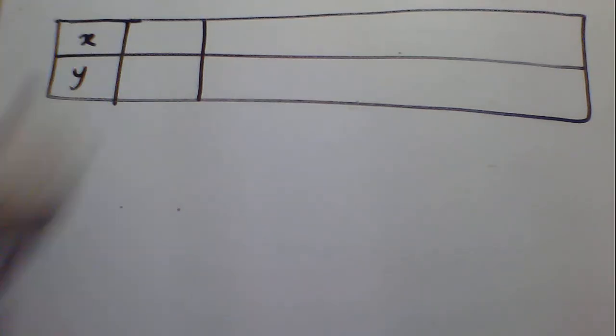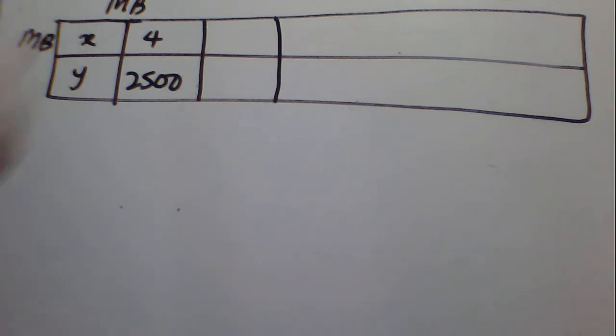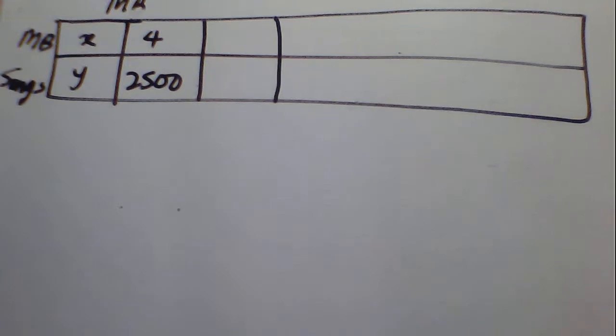Be looking at the question. If you have written it down, you have written it down. So 4 megabytes, we have 2,500 songs that can be stored. Know that this is in megabytes, and this is songs. So the next is 2 megabytes.